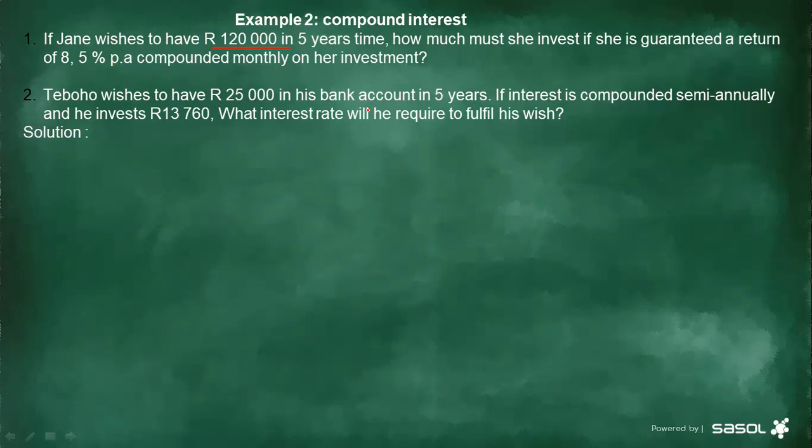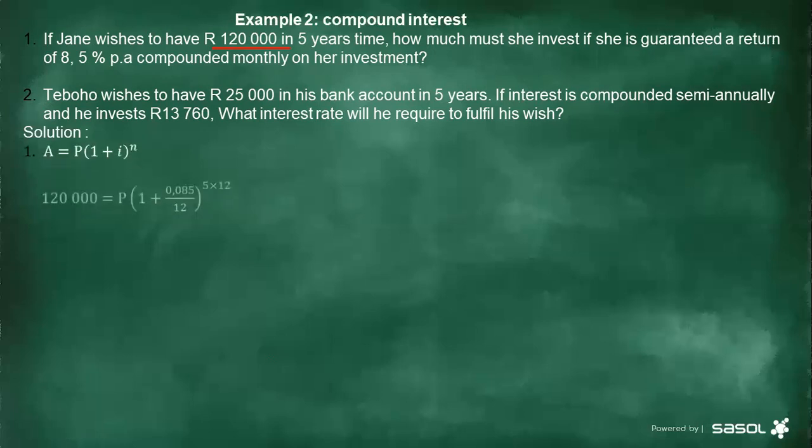It means this person also needs to know how much money she will invest in order to accumulate 120,000 in 5 years' time. Let's see how we do that.